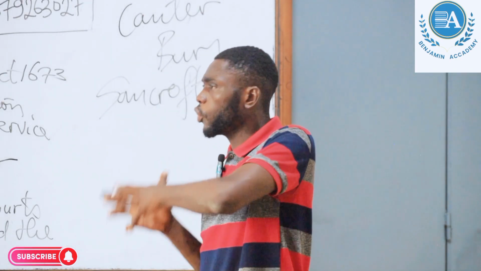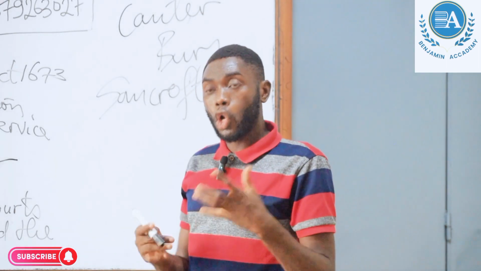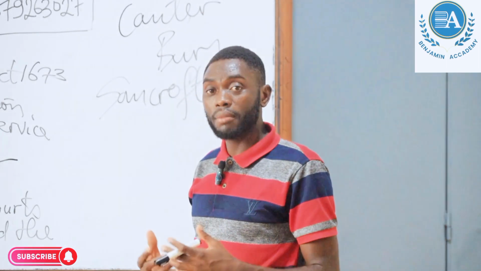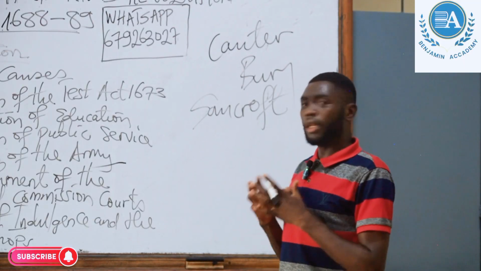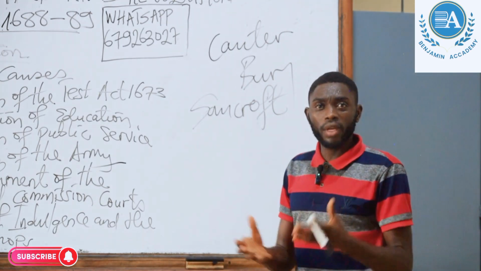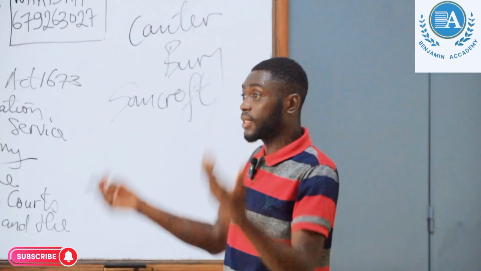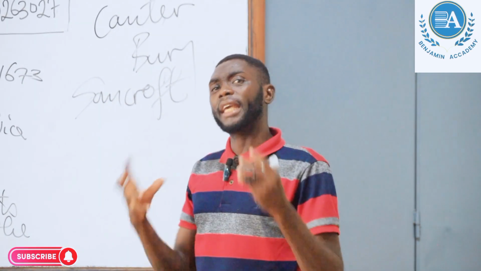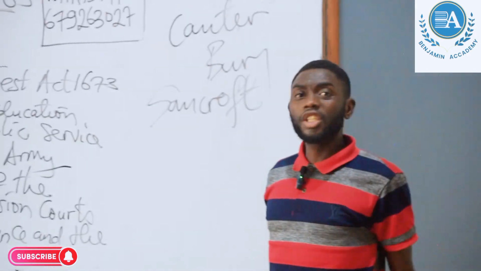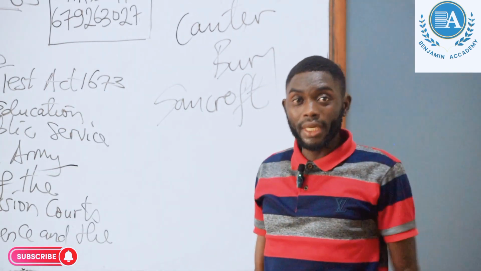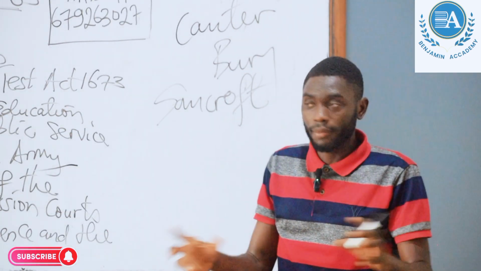So this declaration put in place by James also caused a lot of problems, and the people of England hated it. The Declarations of Indulgence put in place by James in the years 1687 and 1688 antagonized the people of England, and these people now had to rise against James.